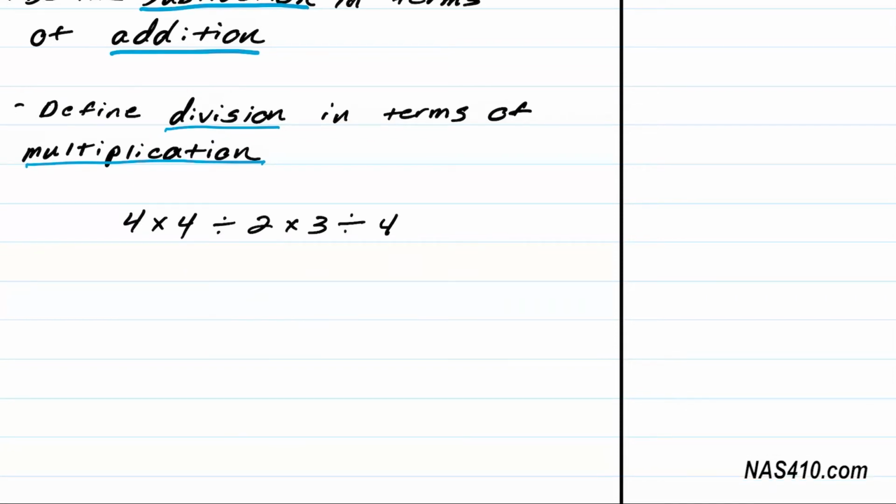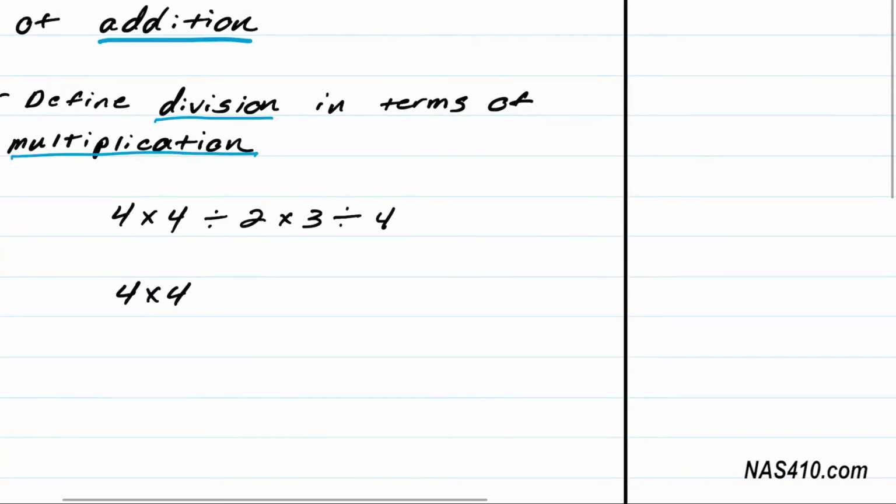Let's take a look at this problem here. I have 4 times 4 divided by 2. Now, rather than saying divided by 2, I'm going to say times 1 over 2, times 1/2. Times 3 divided by 4, which I'm going to say times 1 over 4. Now, all these numbers are essentially fractions.